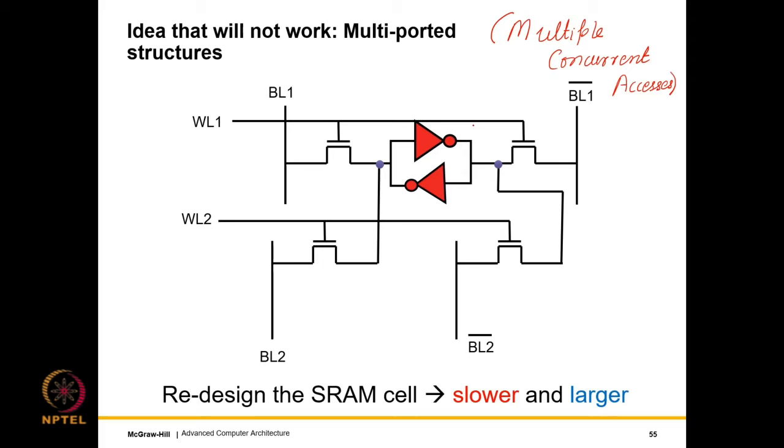It will work from an electrical sense, but from a computer architecture sense it's a bad idea, which is that we modify the basic SRAM cell. The inverter pair is over here. The basic SRAM cell that has 6 transistors would have consisted of this inverter pair, this word line transistor and this word line transistor.